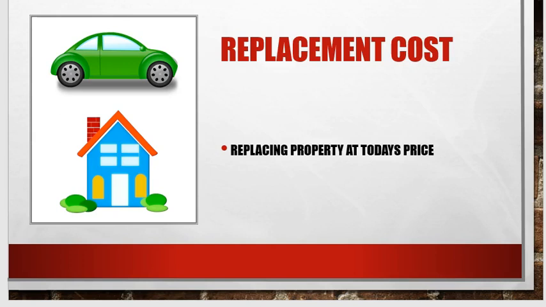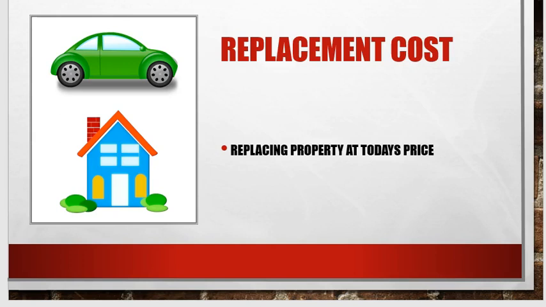So the replacement cost value is the value that would be used to replace an asset without deduction or depreciation, and is based on how much it would cost to replace the asset with comparable materials. We talked about a home that had a replacement cost of $200,000, and if there were a total loss to that home and you insured it for $200,000, you would receive a claim amount of $200,000 to replace the home and fix the damages.